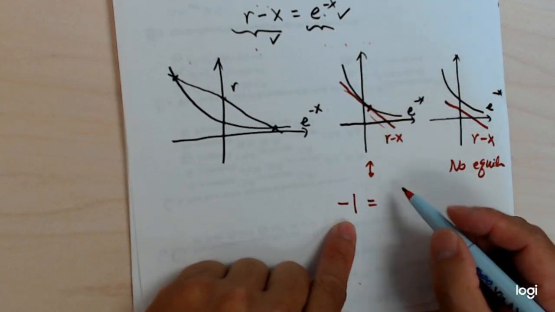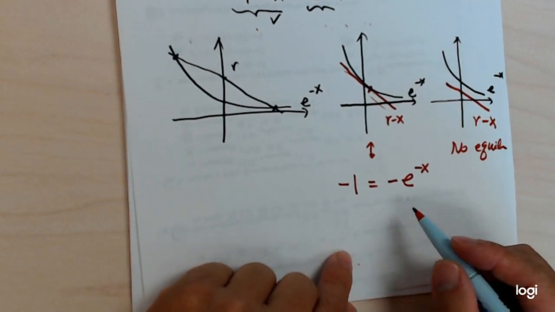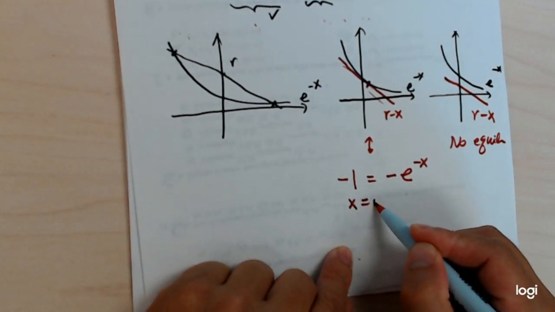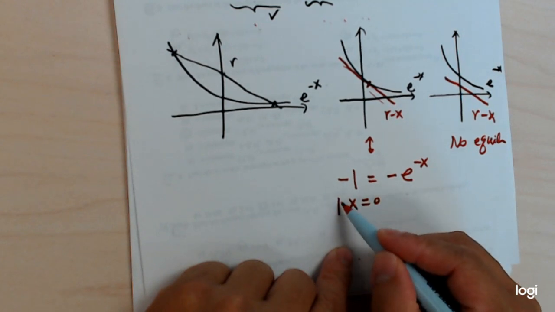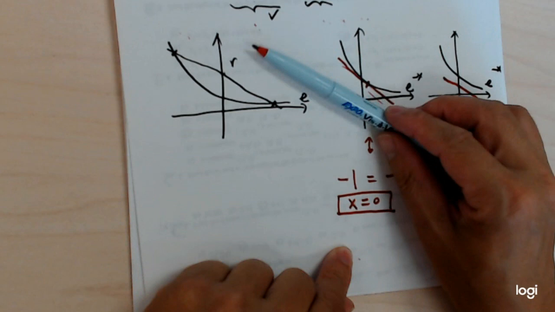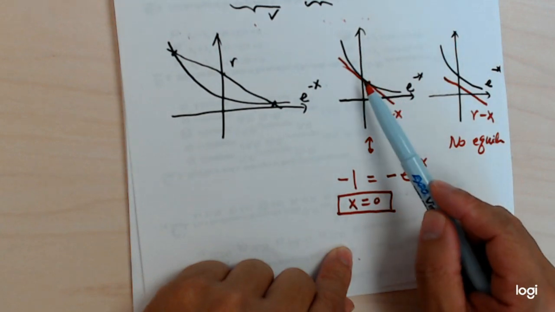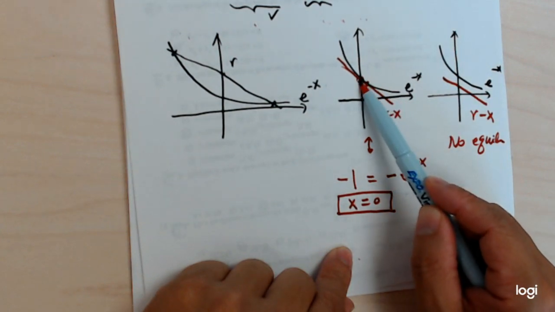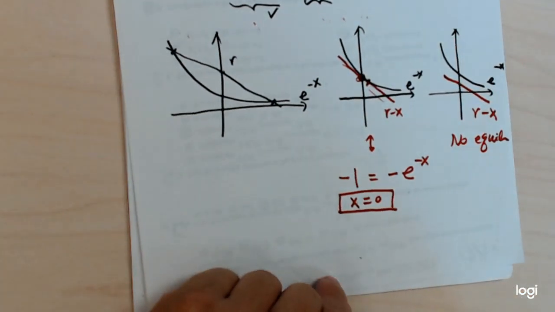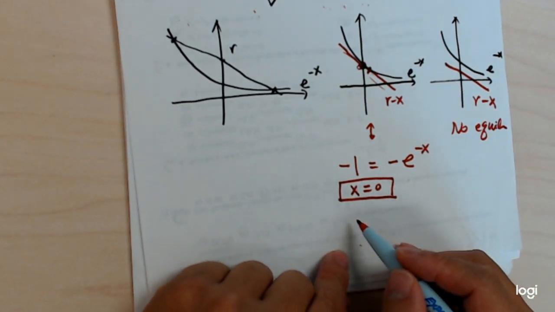So I differentiate this guy, I get negative e to the negative x, and I solve for x. That means when x is 0, that's where the tangent line has a slope of -1. In other words, they're going to intersect at x equal to 0.